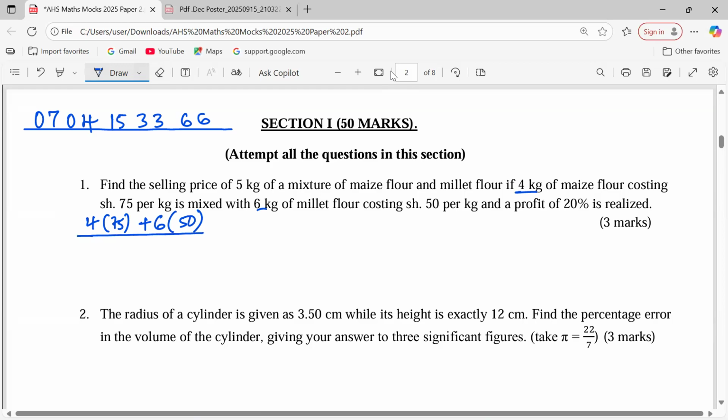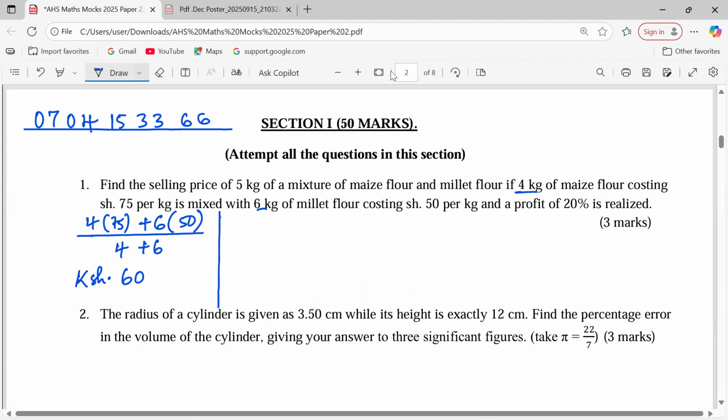Then we have to divide by the number of kilograms which have been mixed, so that we know the amount per kilogram in this mixture. So this is giving me 600. When I divide by the 10, now I will get 60. So the cost price of 1 kilogram of the mixture is 60 Kenya shillings.